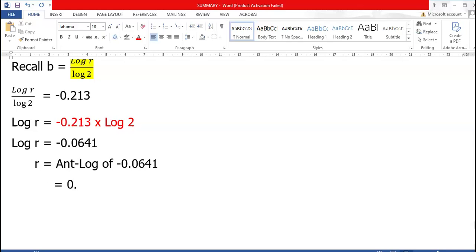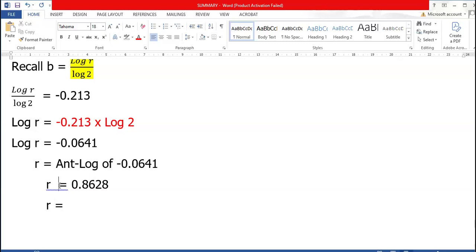I think I have 0.86277. So finally, what is your R in percentage?